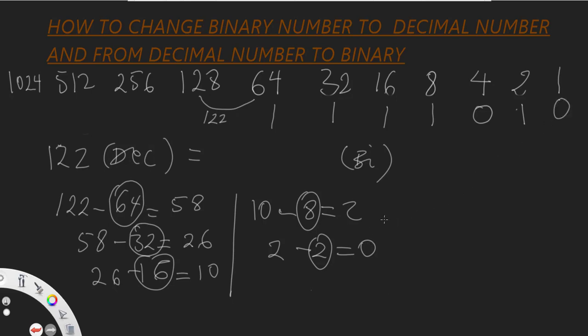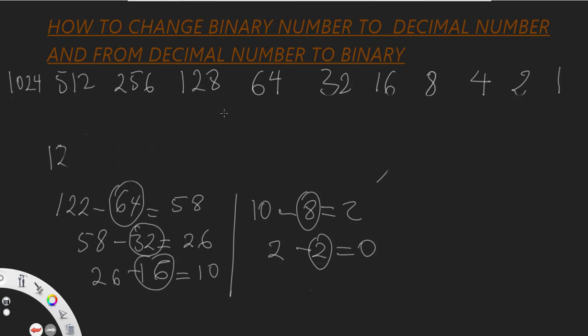So the binary number here will be 1, 1, 1, 1, 0, 1, 0. Okay, can you see that? All right, let's go to the next example.